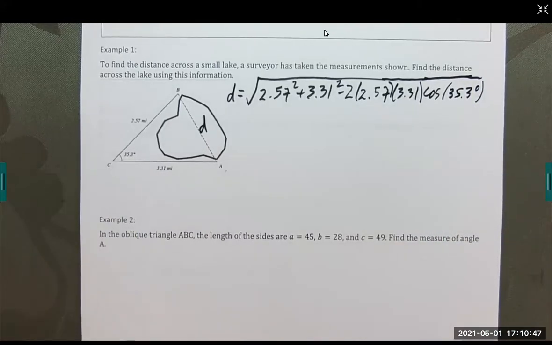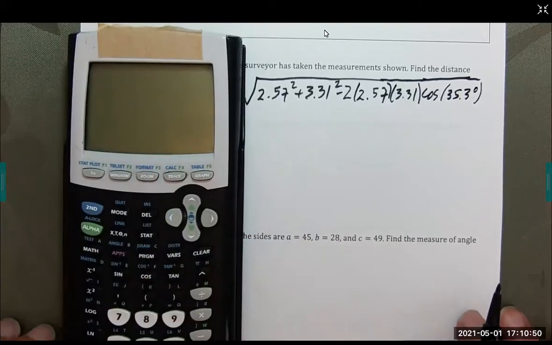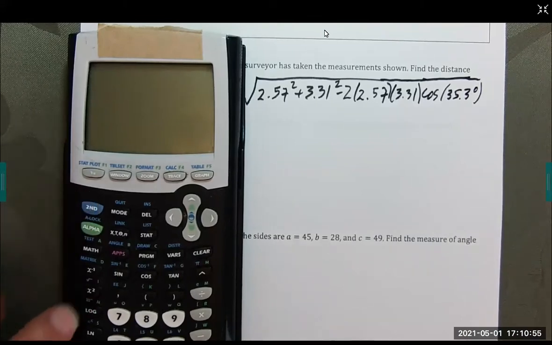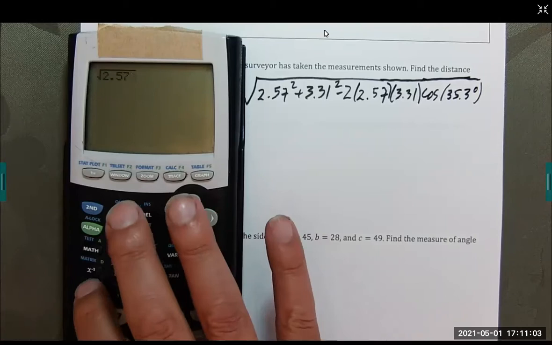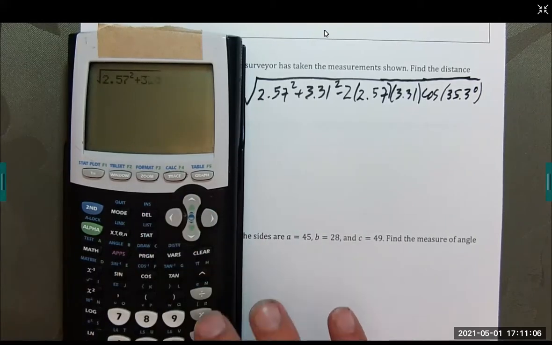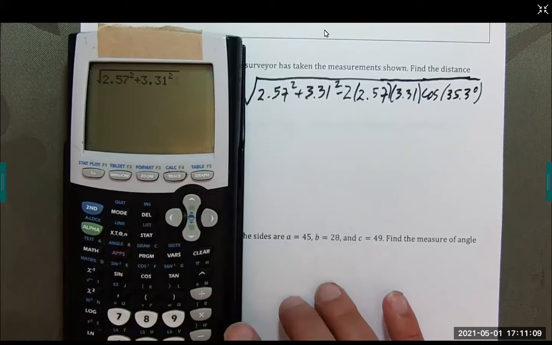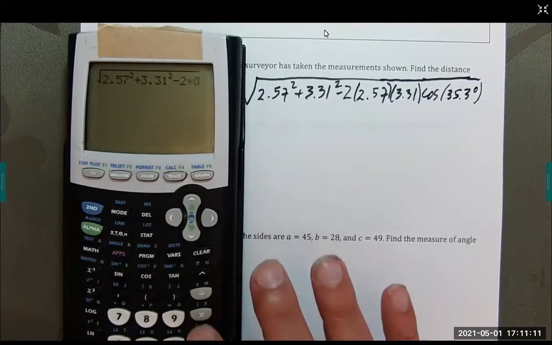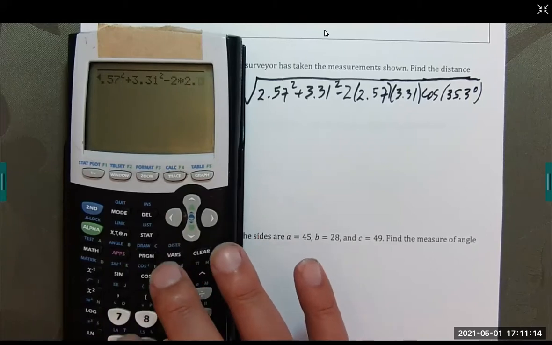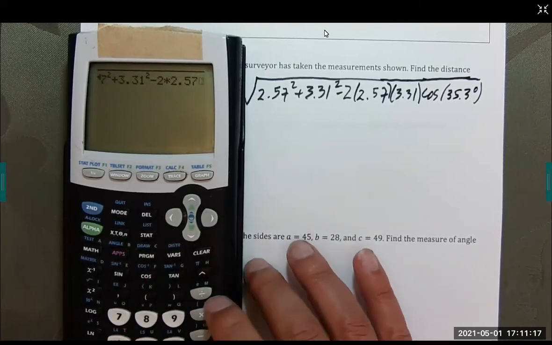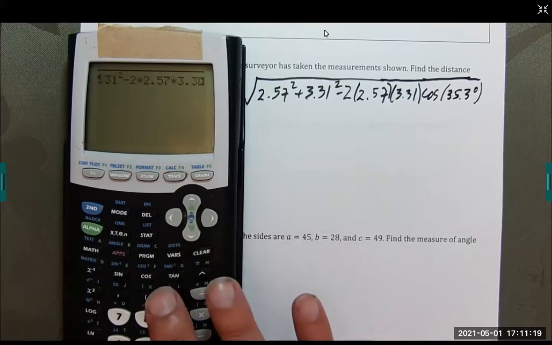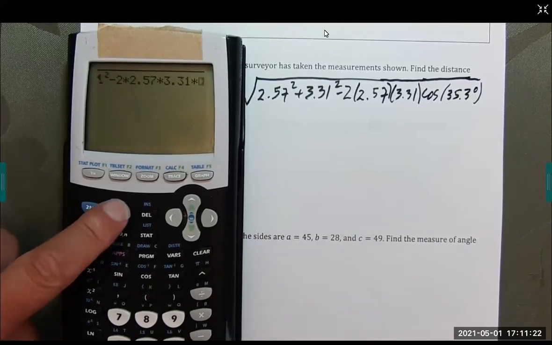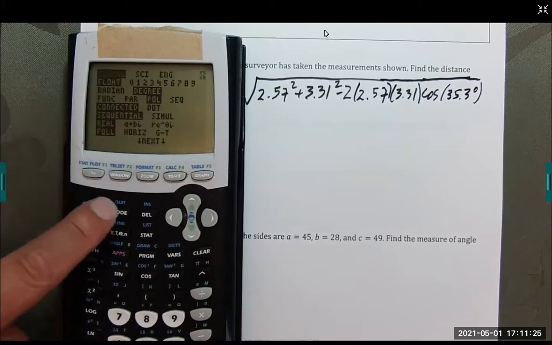And here's how we use our calculator for this. You may want to get everything under the radical first by itself and then take the square root. I'm going to do it all at the same time. So second square root. Oh, got to turn it on. Second square root. Now I have 2.57 squared plus 3.31 squared minus 2 times 2.57 times 3.31 times, and I'm going to double check that I am in degree mode, and I am.